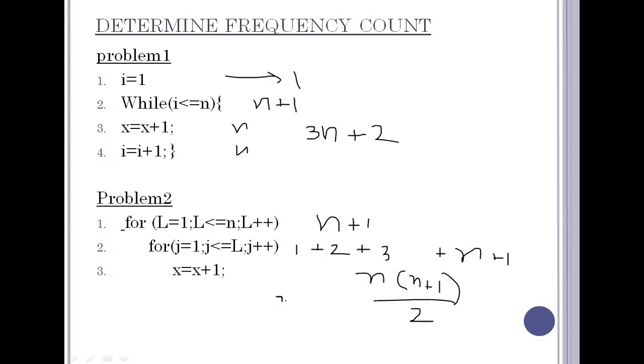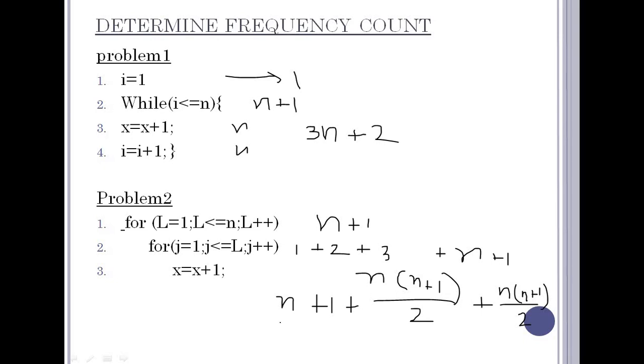The first one is n plus 1, plus the second one, and the third one is also n plus 1 divided by 2. So in this way n plus 1 divided by 2 is going to be the frequency count for the inside statement.